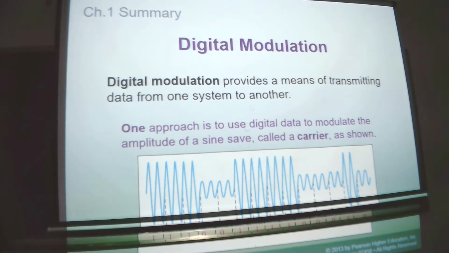This is called digital modulation because we use a digital signal to modulate the amplitude of a sine wave. This is the definition of digital modulation.